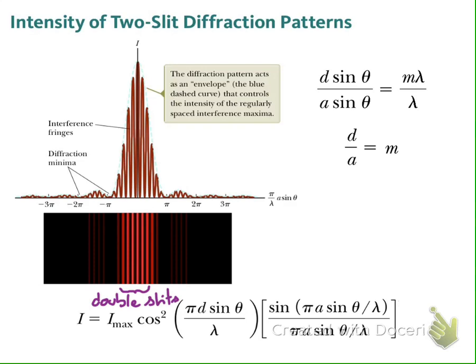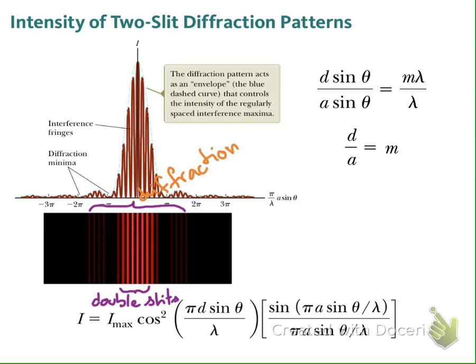But anyway, you notice that we have the bright region here and then it becomes dark, and then again you have the interference pattern here, and again here, and then it becomes dark again. These come from the diffraction.